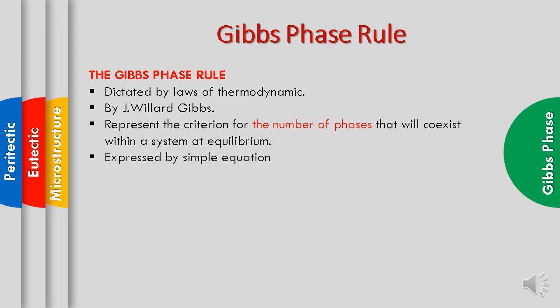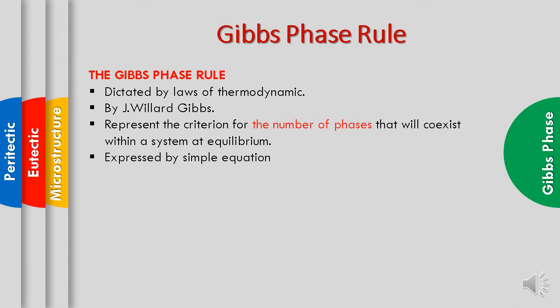In the Gibbs phase rules, basically this represents the criteria for the number of phases that will coexist within the system at equilibrium.